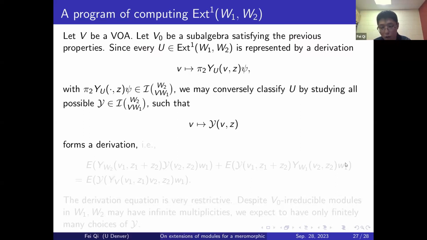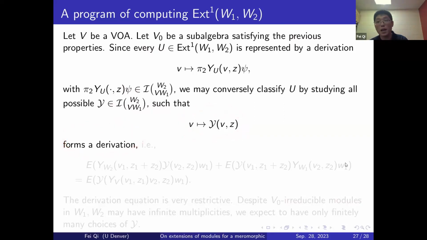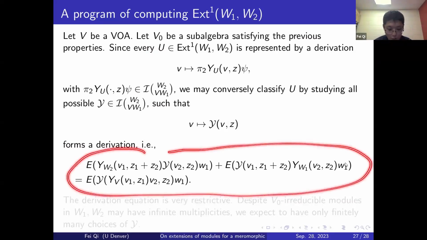We may expect to conversely classify all such extensions by studying all possible intertwining operators of this type, and then figure out the ones such that these form a derivation, and this derivation lands in the Ext1 of W1, W2. So this amounts to asking for all the intertwining operators satisfying this derivation identity.